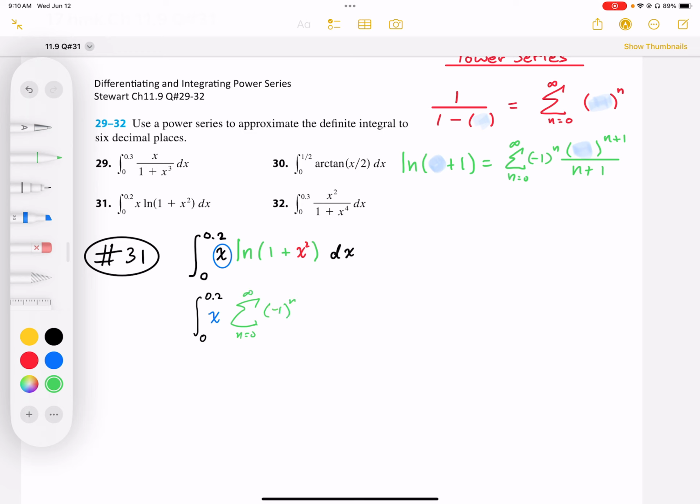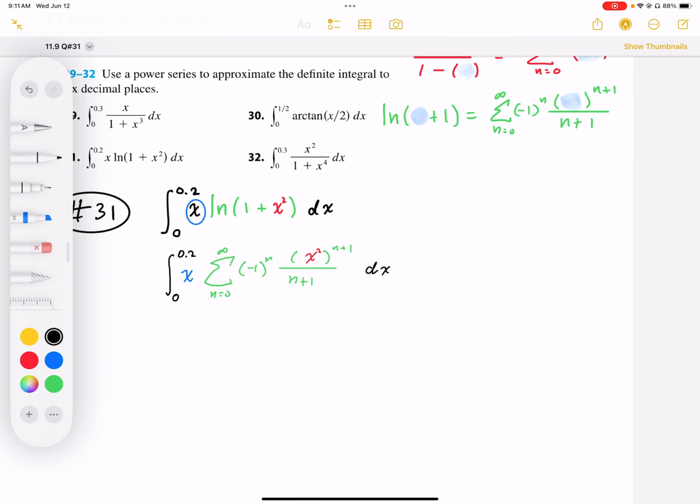We have negative 1 to the n, and then we have the n plus 1, and in the numerator we have x to the n plus 1, but instead of just x, we've replaced this with an x squared. So we've embedded an x squared in there. So there's my series that represents the original function.